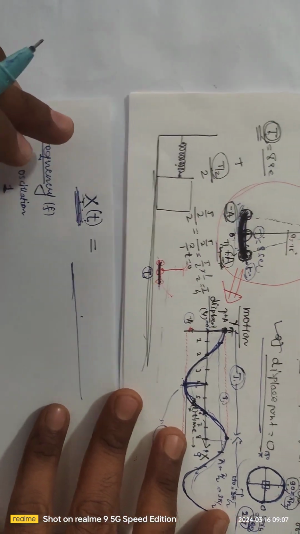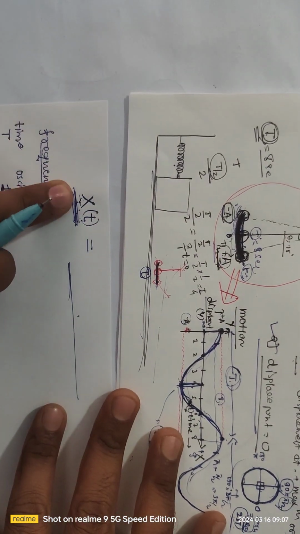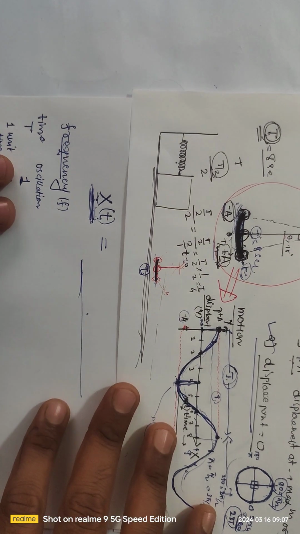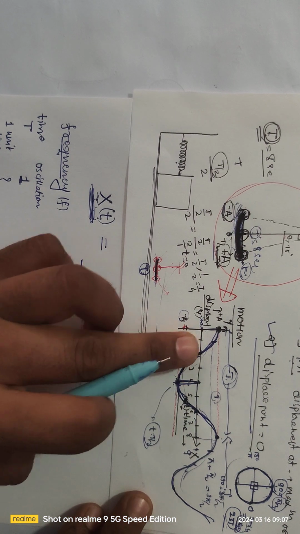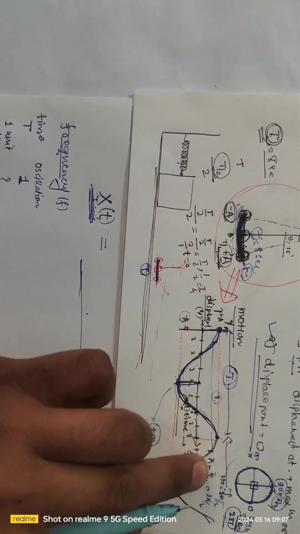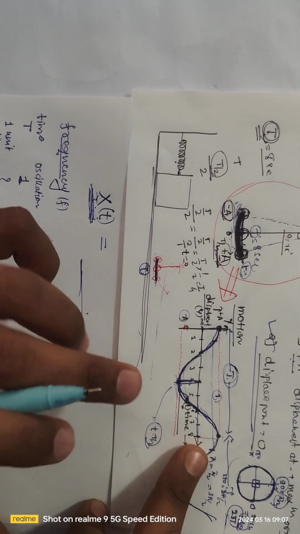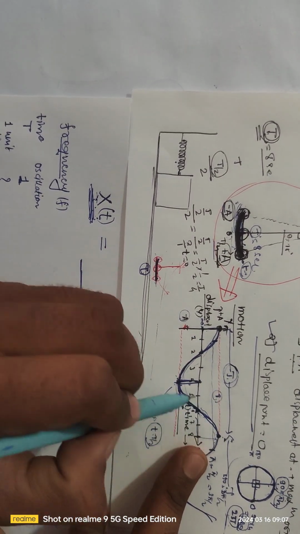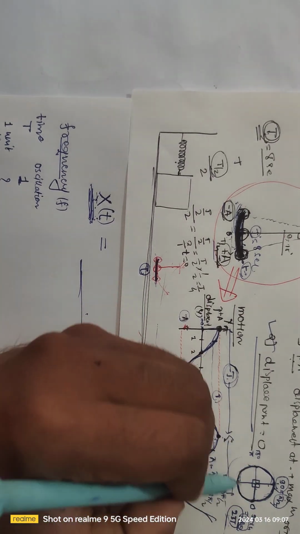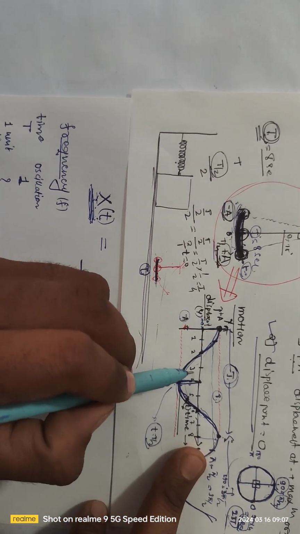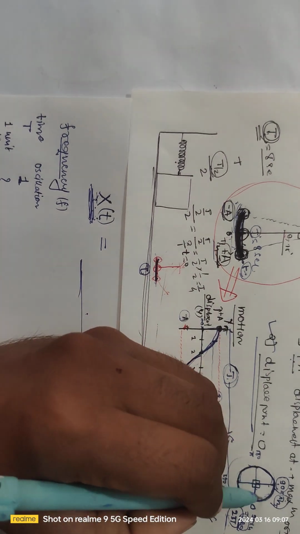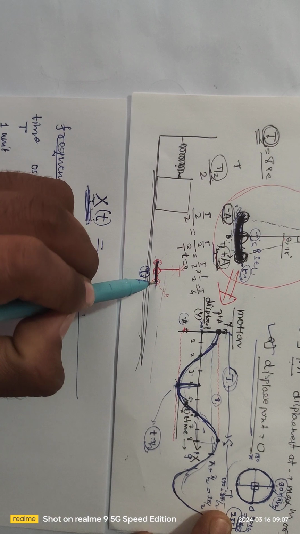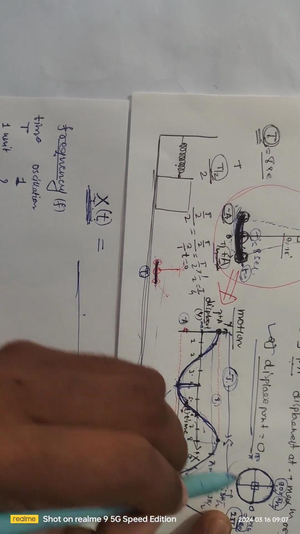It is linear. In linear we found f is equal to 1 upon T. What about graphical? In graphical it is like a wave, and in one period of time it covers a full circle, like this. So in one period of time, from this point to this point again, it will cover a full circle.